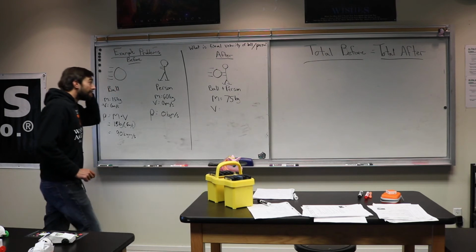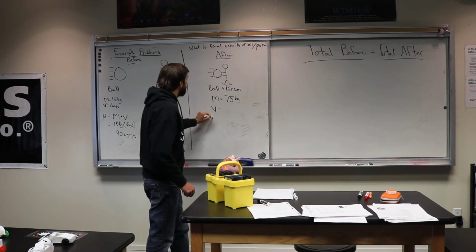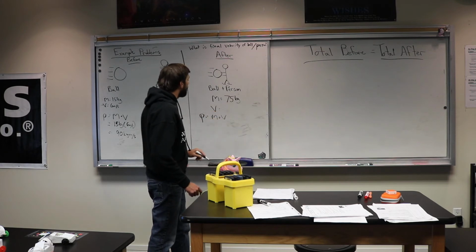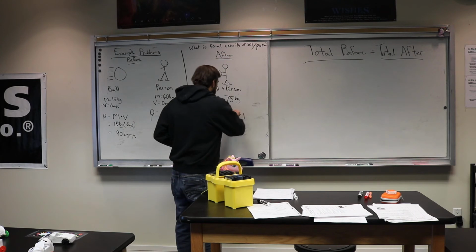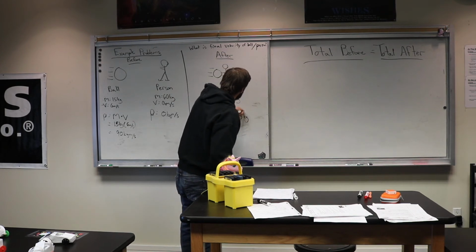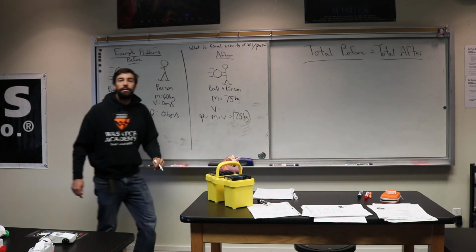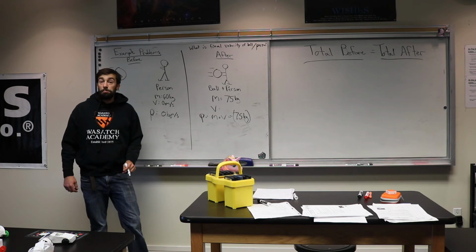And we want to find the momentum. Momentum is mass times velocity. So we have our mass, 75 kilograms, times our velocity. Oh no, we don't have a velocity.